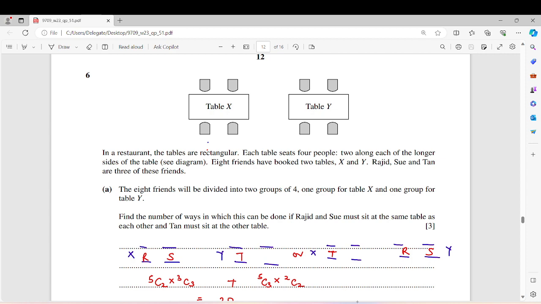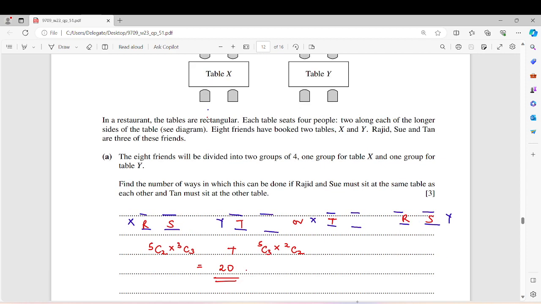So you look at 2 different possibilities: Sue and Rajid are sitting at X, or Sue and Rajid are sitting at Y. If we have Sue and Rajid on table X, it means the remaining 2 seats are empty, so Tan will be seated on the other side. So Tan goes to this other side.